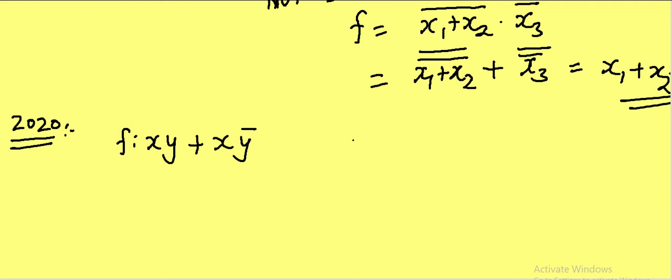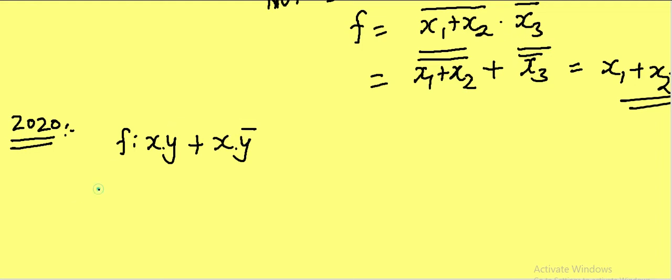So just don't try to simplify, just draw. Here, which gate do we have to use? The dot denotes the AND gate, or product denotes the AND gate, and plus denotes the OR gate.